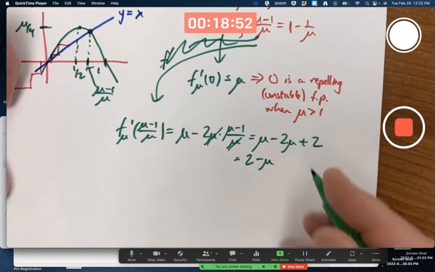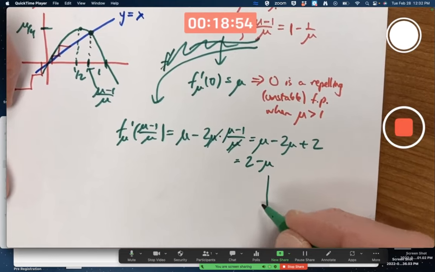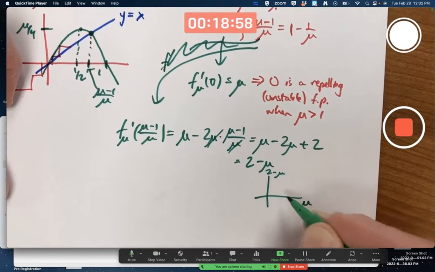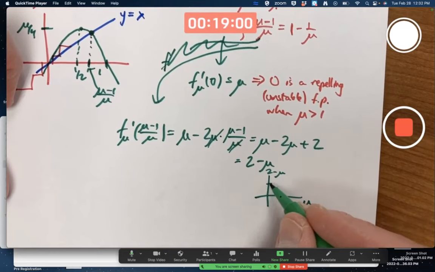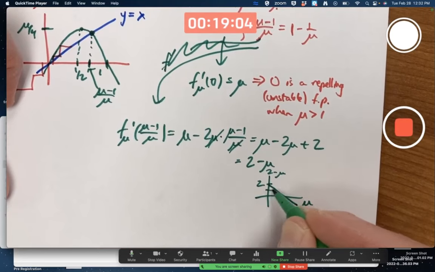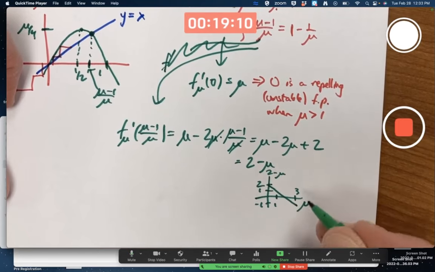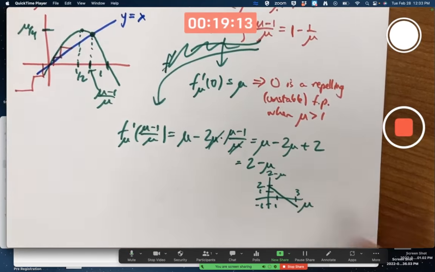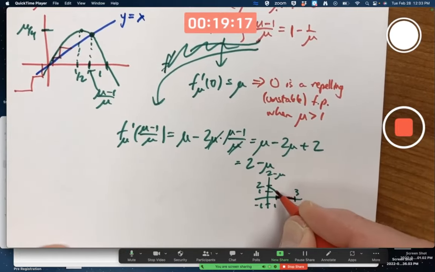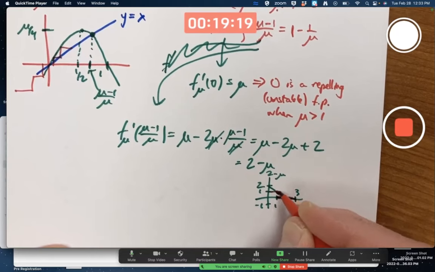If you want, you can graph 2 minus mu as a function of mu. It's a straight line with a vertical intercept of 2 and a slope of -1. It's between -1 and 1 when mu is between 1 and 3. For mu between 1 and 3, that's where the output of this function is between -1 and 1.